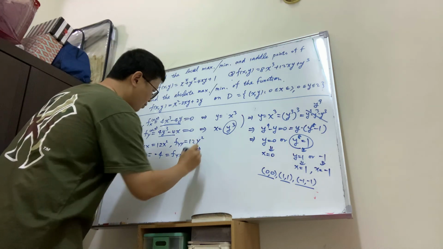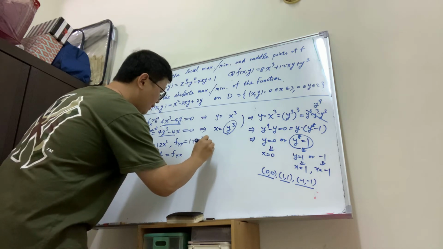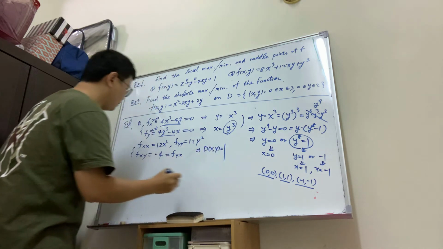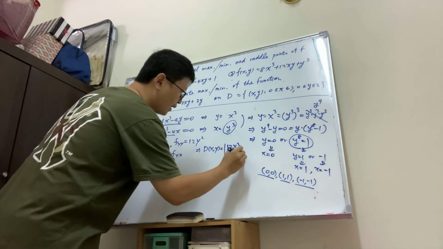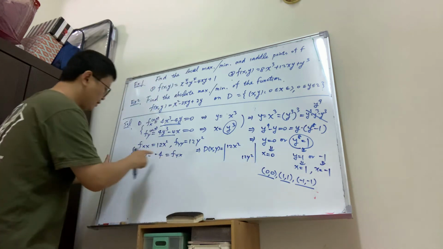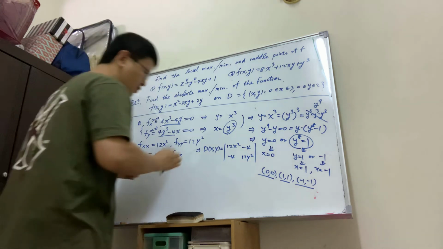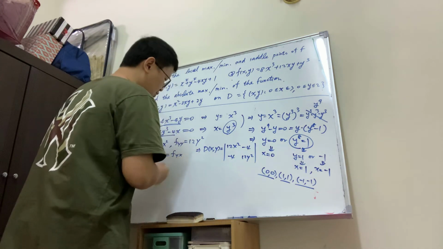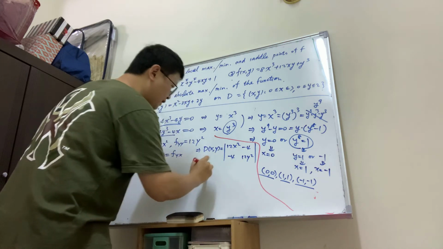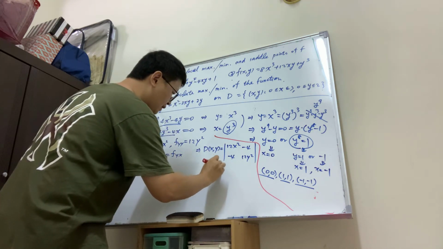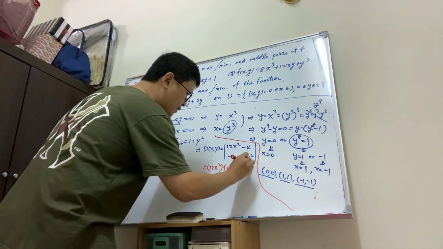So what do we have? We have this one: the first term is 12x squared, the second term is 12y squared, and this one is negative 4, right? So we should consider its determinant. The determinant is equal to 12x squared times 12y squared, subtract negative 4 squared.